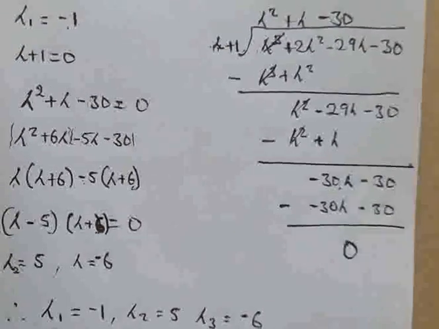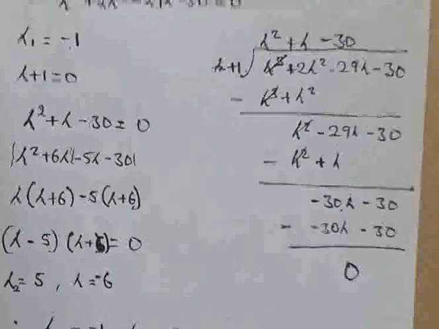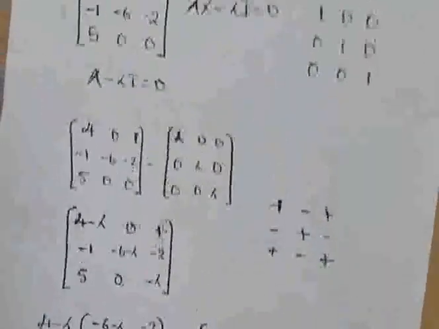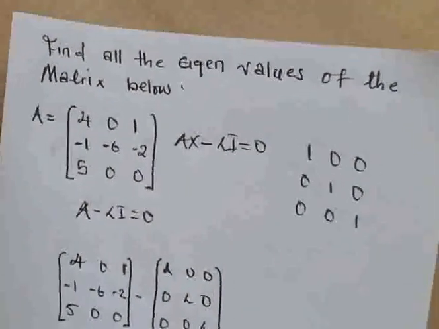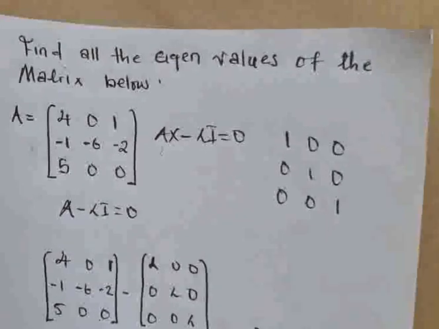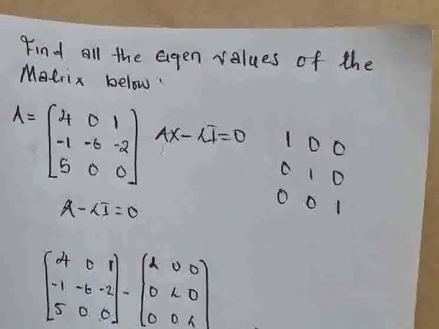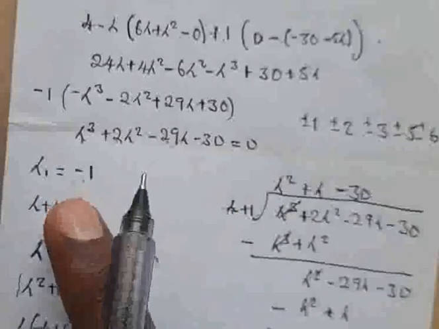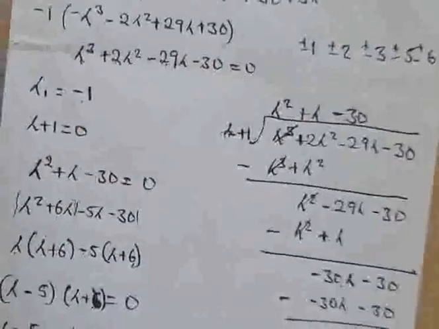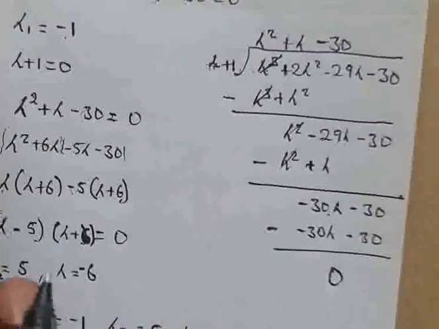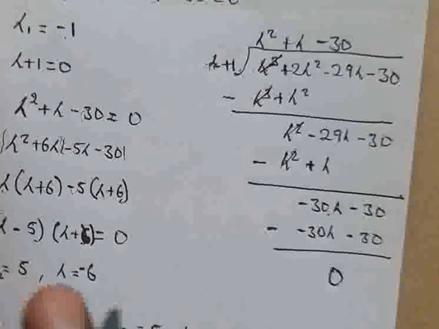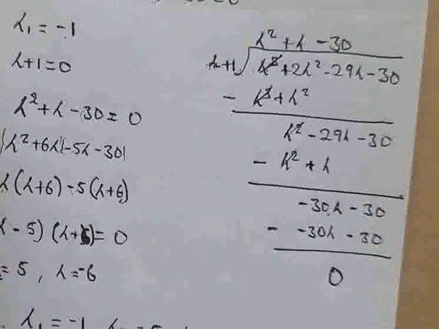So this becomes the solution for this question that says find all the eigenvalues of the matrix A below. So the eigenvalues are -1, then positive 5, as well as -6.